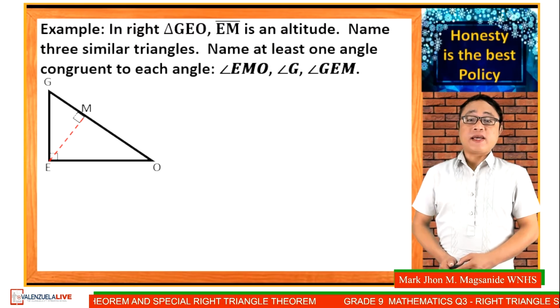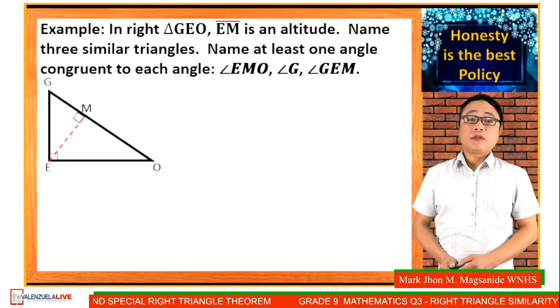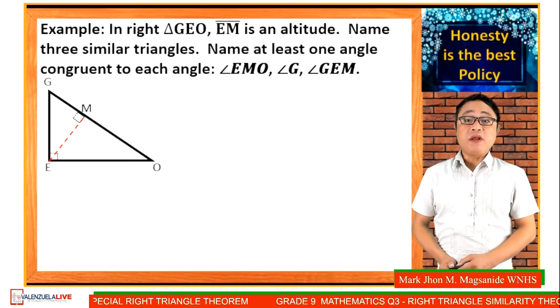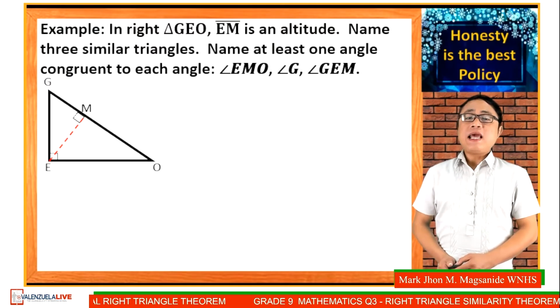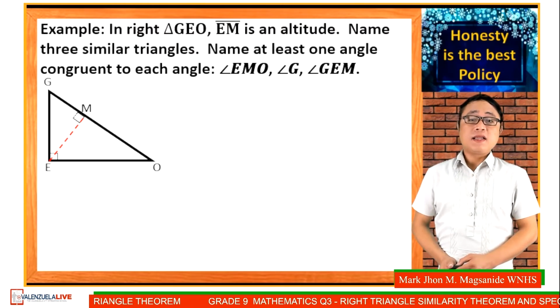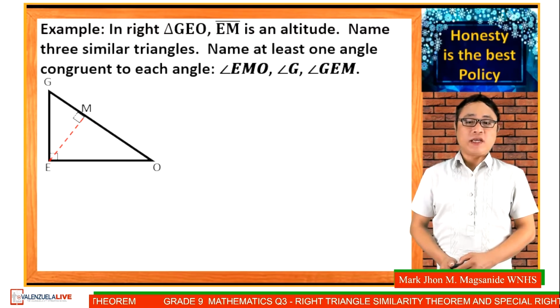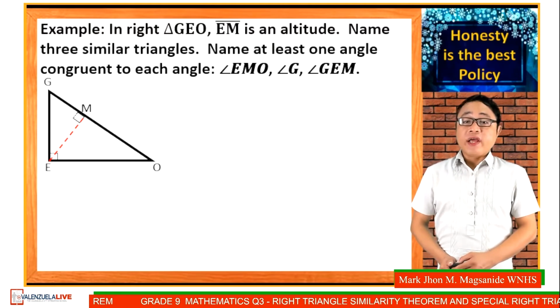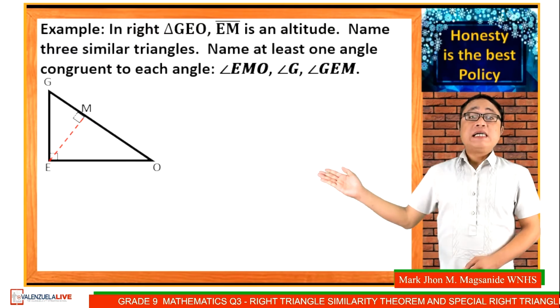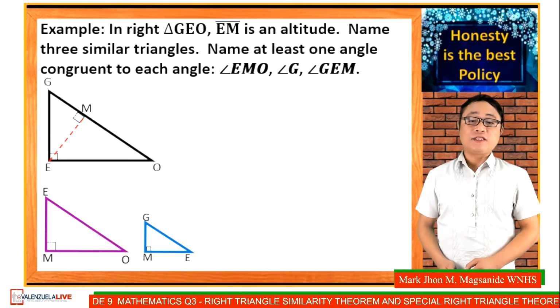In right triangle GEO, EM is an altitude. Name three similar triangles. Name at least one angle congruent to each angle: angle EMO, angle G, and angle GEM. Referring to the figure, separate the two triangles formed by the altitude.